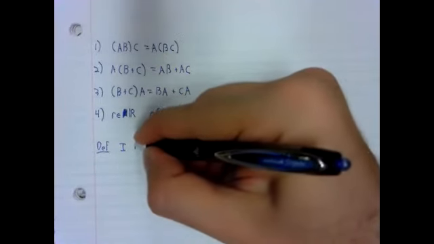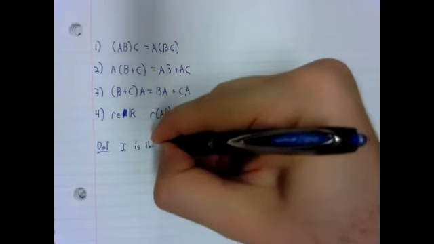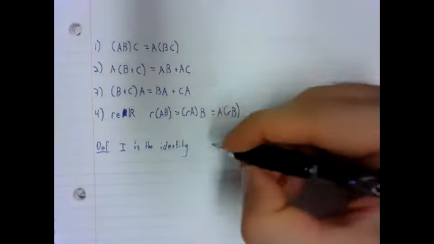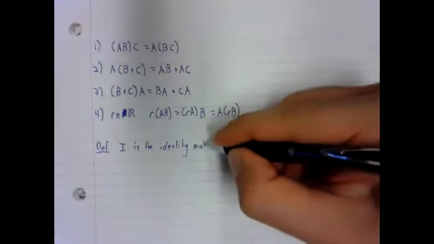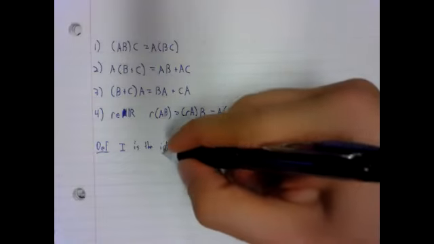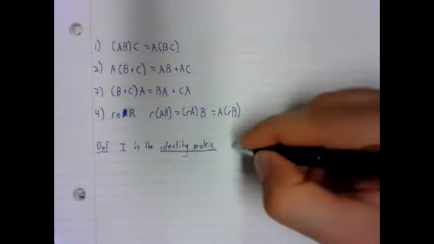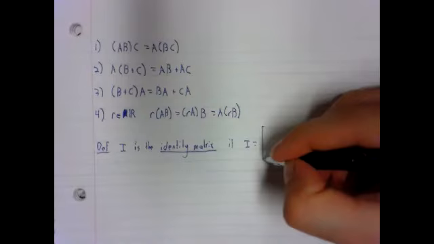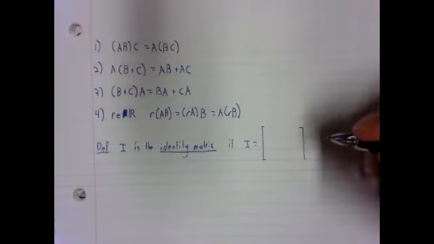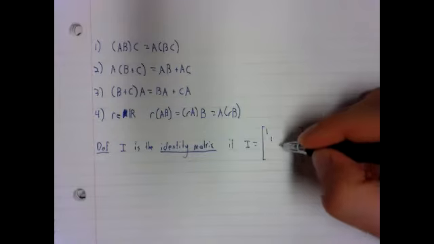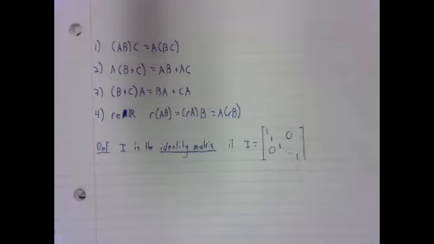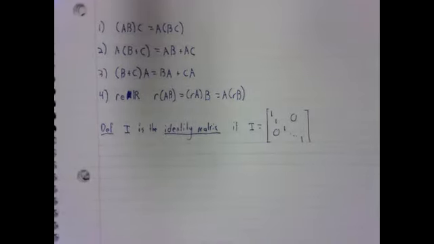Let I be the identity matrix if I has ones down the main diagonal and is 0 everywhere else.